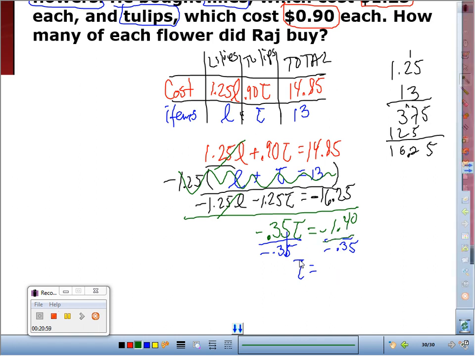And now we divide. So 140 divided by 35, it fits in there 4 times. So how many tulips? 4 tulips.